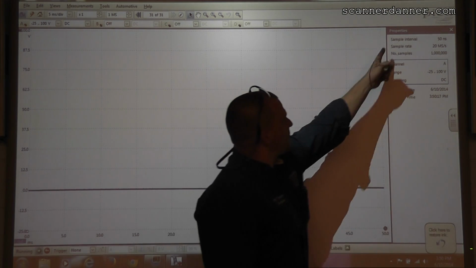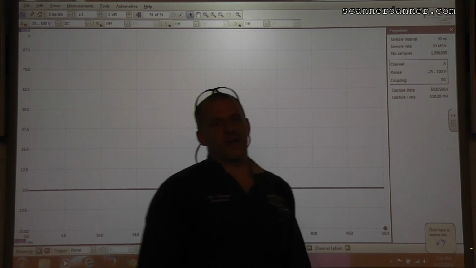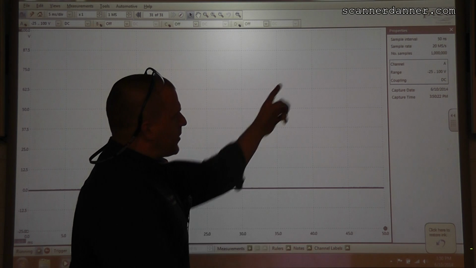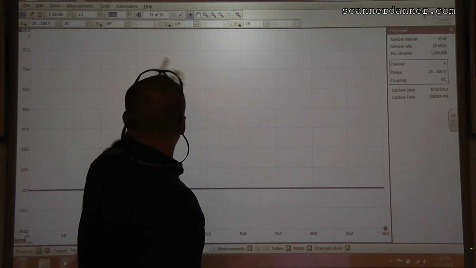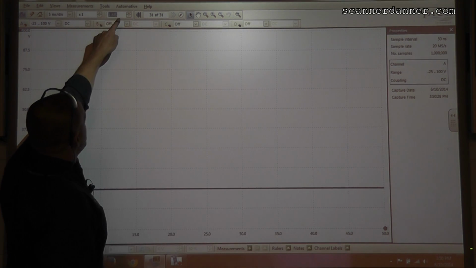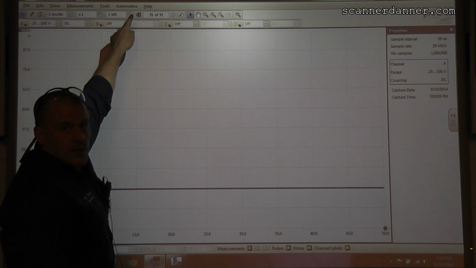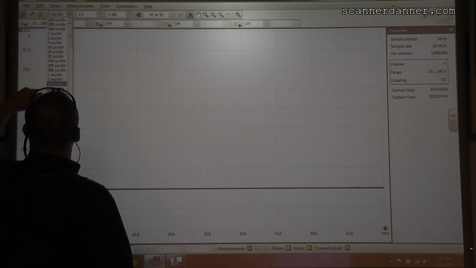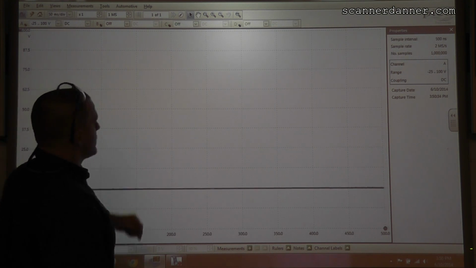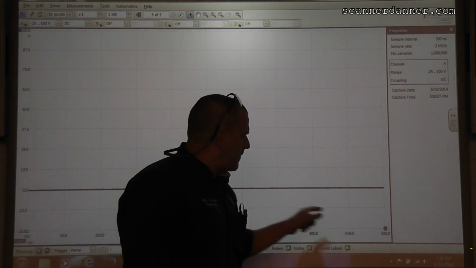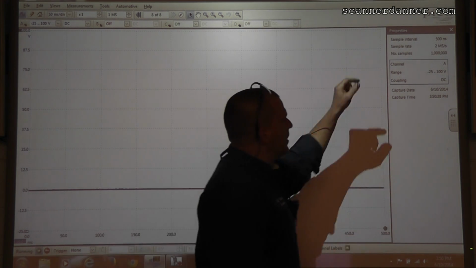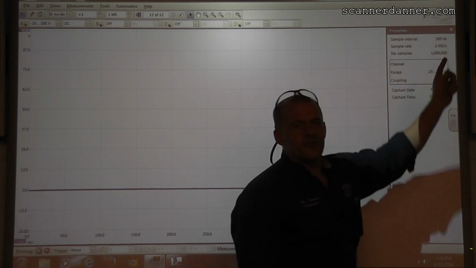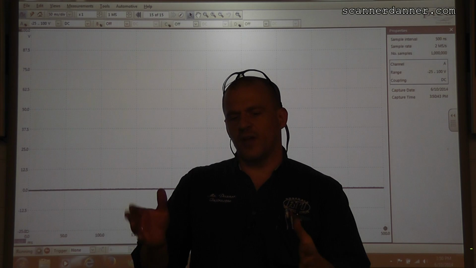Sample interval is 50 nanoseconds. Watch what happens to the interval when I increase my time base. I'm not going to increase my sample rate, I'm just increasing the time base. I'm going to go to 50 milliseconds per division on a 500 millisecond screen. We're now at 500 nanoseconds of interval.